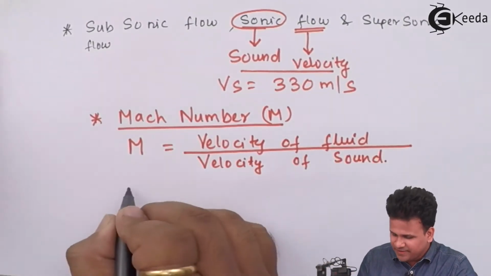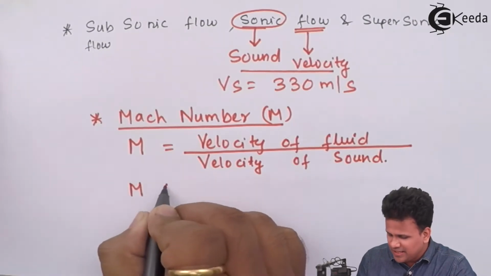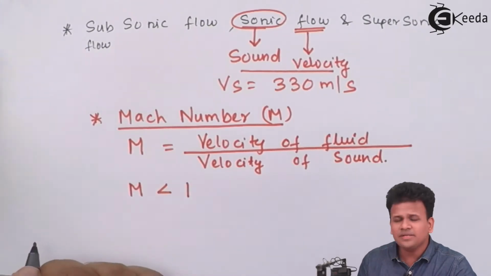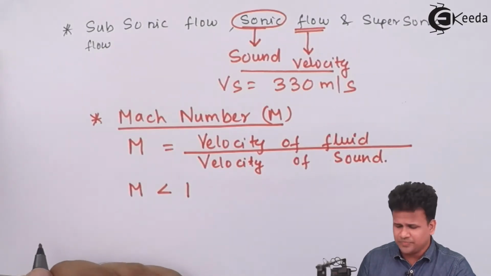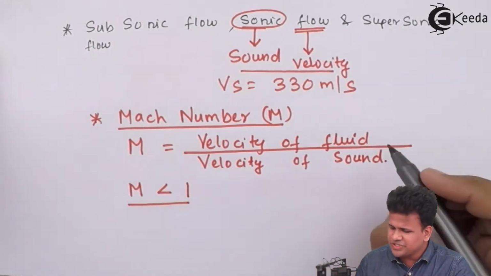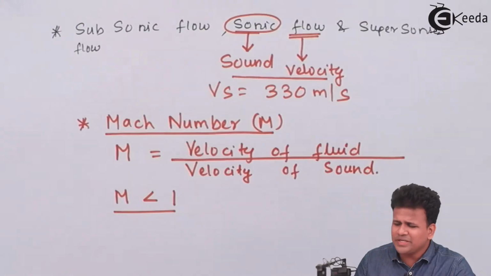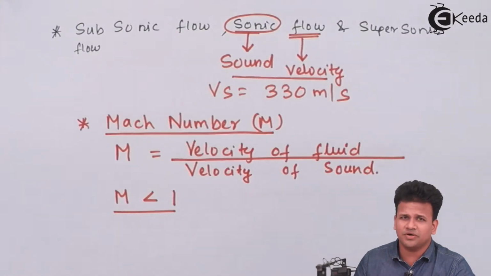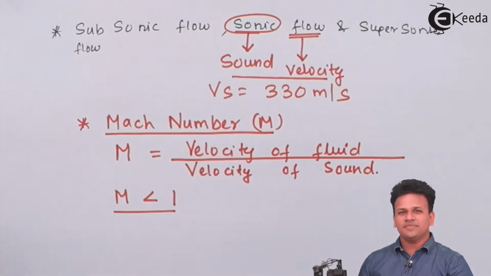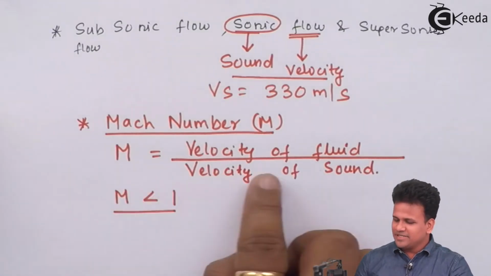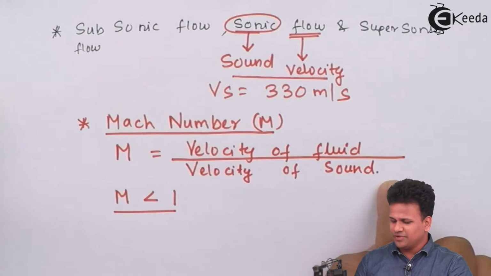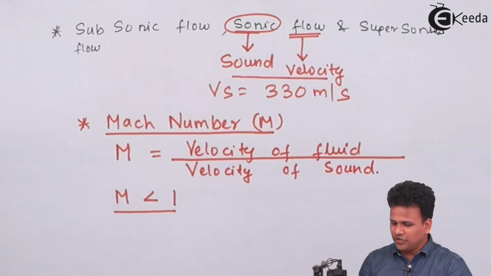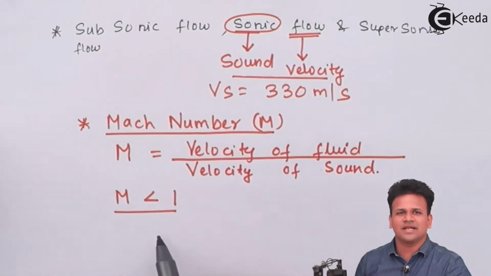If Mach number is less than 1, then it is called a subsonic flow. That means the velocity of fluid is not equal to the velocity of sound. We have seen that Mach number is defined as the velocity of the fluid to the velocity of sound. For subsonic flow, the Mach number is less than 1.